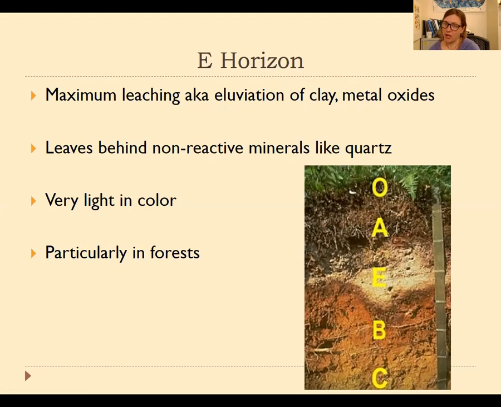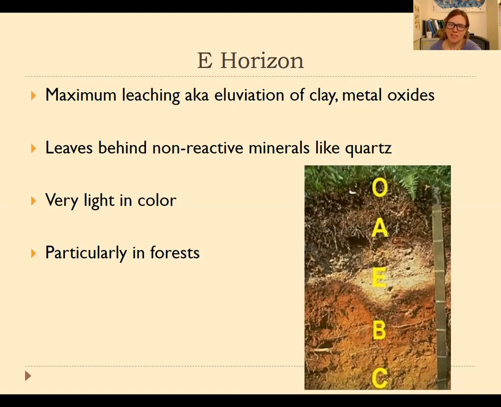And because it's really washed out, it looks very white. There's just not much mineral or organic matter left. Well, there's mineral matter left, but it's predominantly light-colored silicates that are left. And so it has this really washed out look. So it leaves behind these non-reactive minerals like quartz, as I already said. So it kind of has this light sandy colored look.